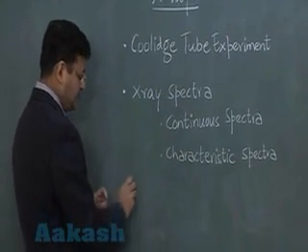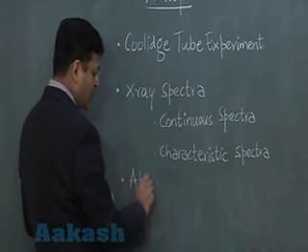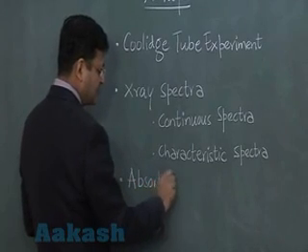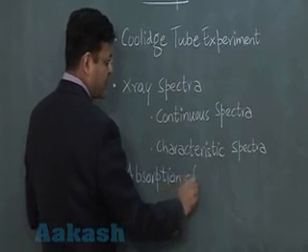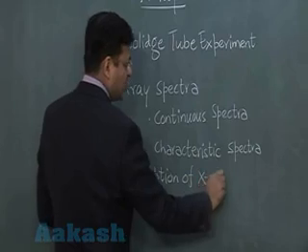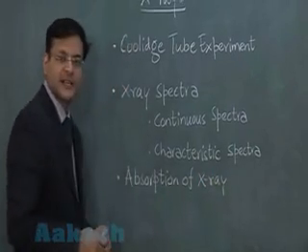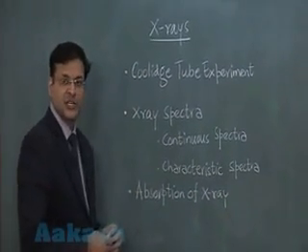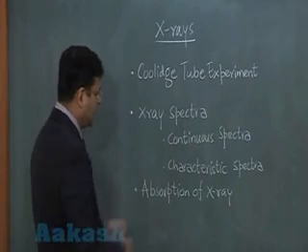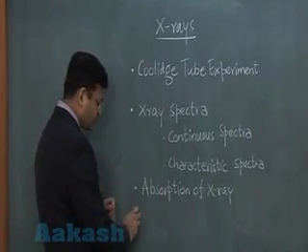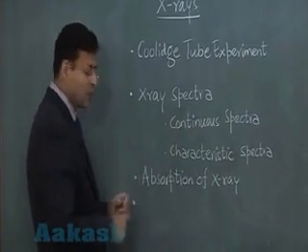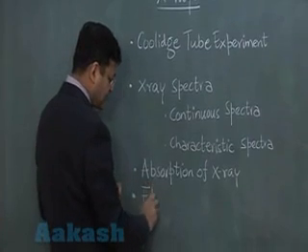Then we had the discussion on absorption of X-rays, for which we had the formula showing that the absorption of X-rays follows the exponential decay principle, and at the end we had the discussion on electric discharge through gases.